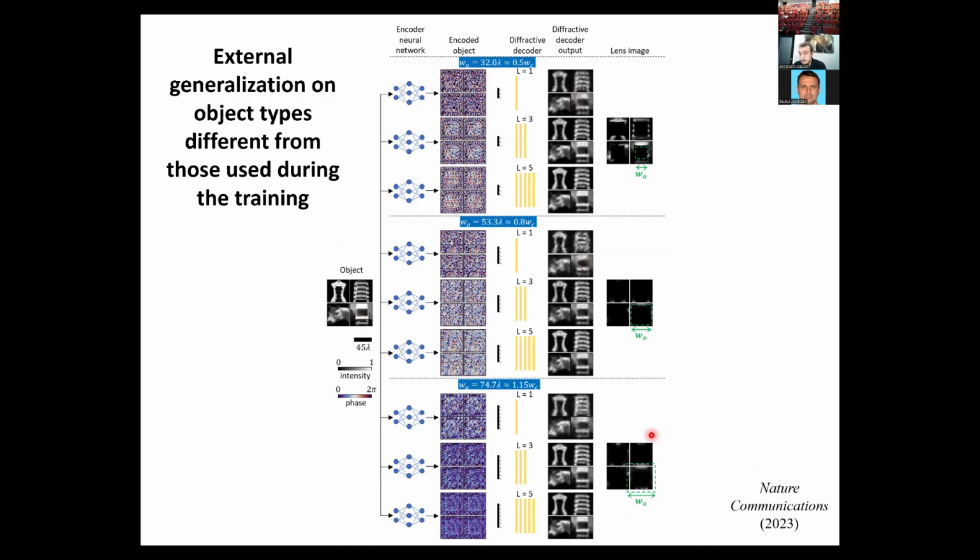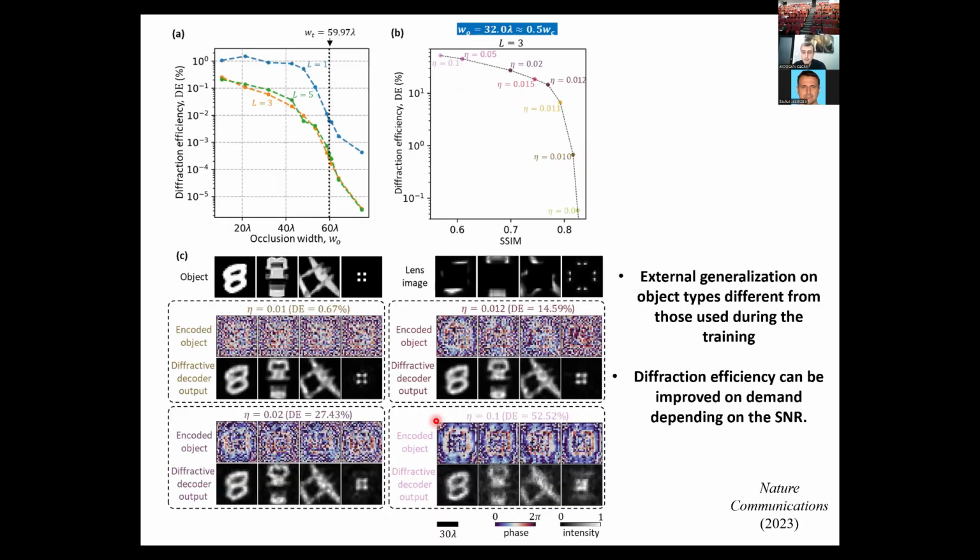A perfect lens would again see nothing, depending on the occlusion size, and the decoder beautifully reconstructs these out-of-distribution objects, which means it's perfect external generalization to types of messages never used during training.